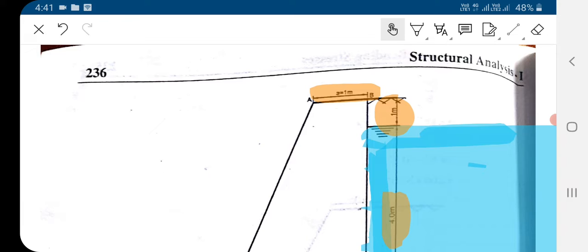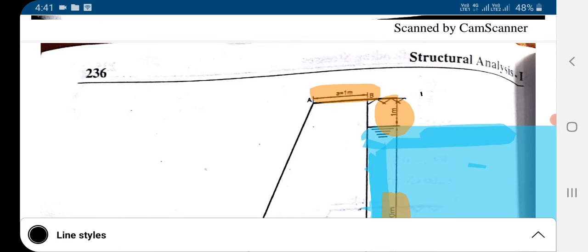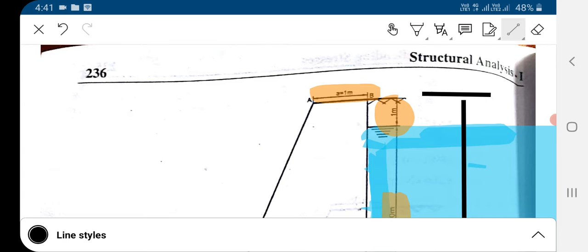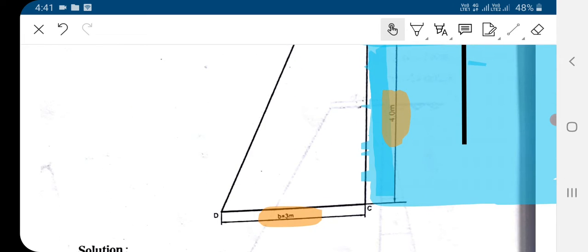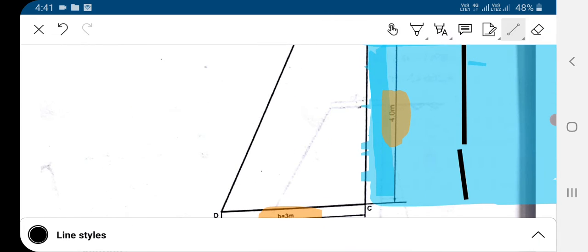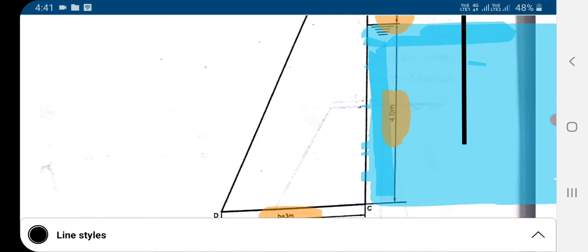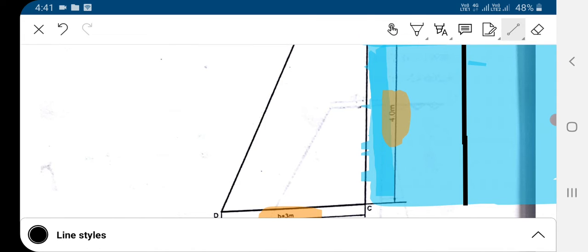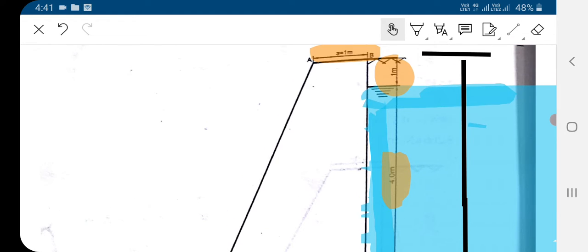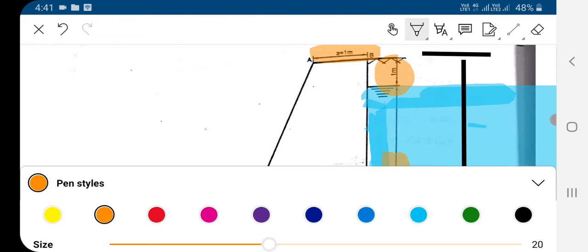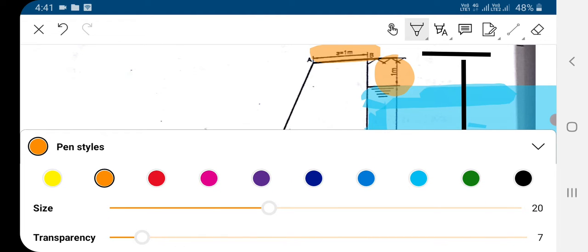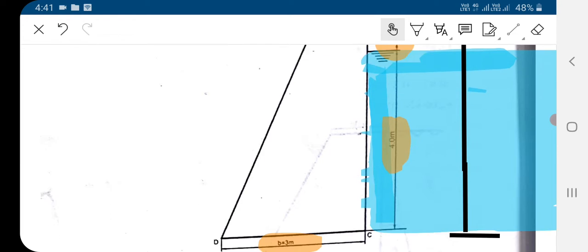So the total height of the dam, from this top up to the bottom, is 5 meter. Let's write it in this.